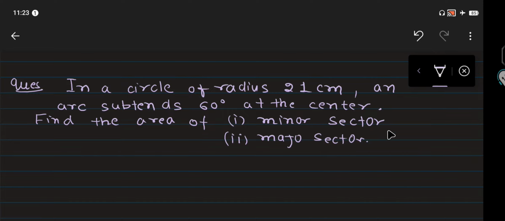So in a circle, the radius is given as 21 centimeter and the arc is subtending an angle of 60 degrees at the center. Then we need to find the area of the minor sector and major sector.